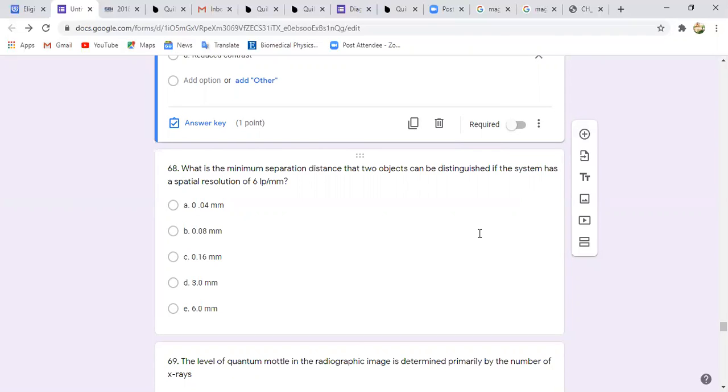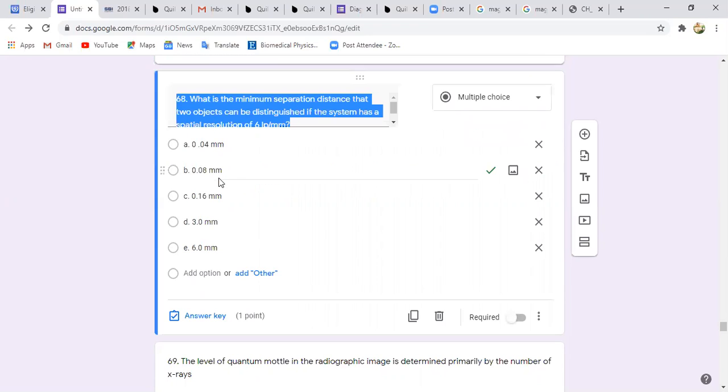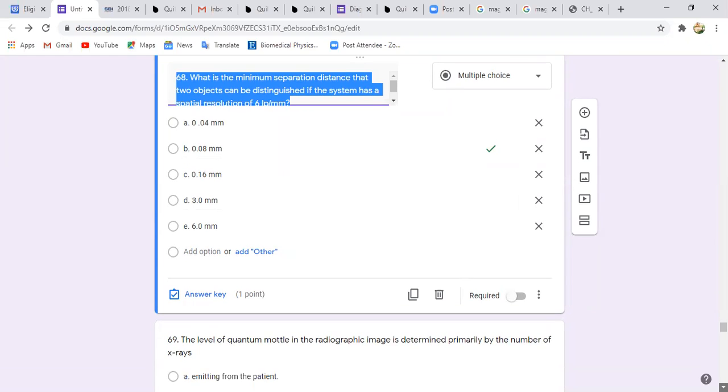At the end of the day, this should be around 0.08. We just follow the same procedure that we used in the other one.